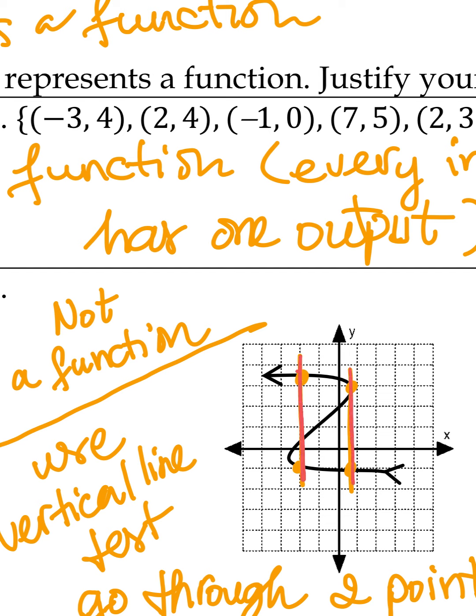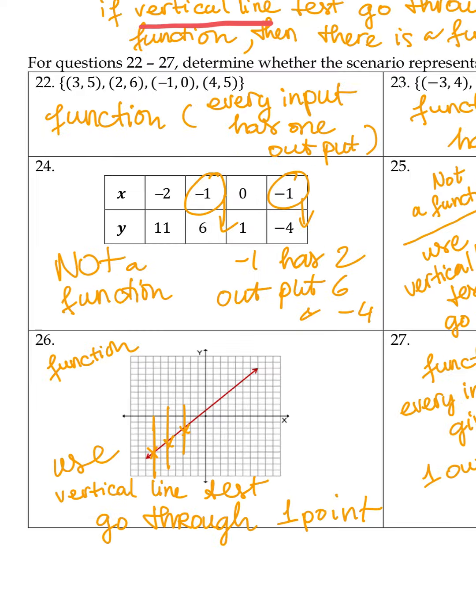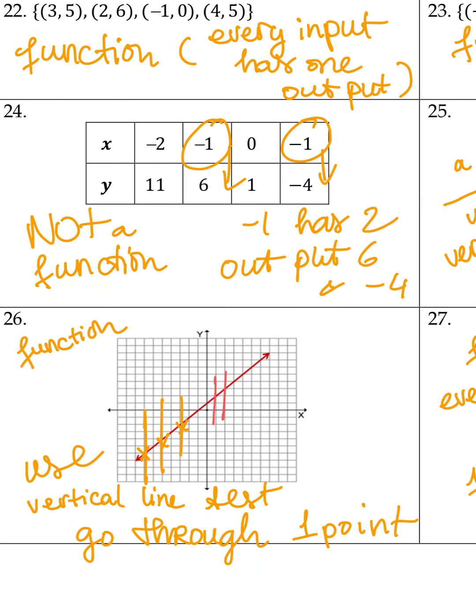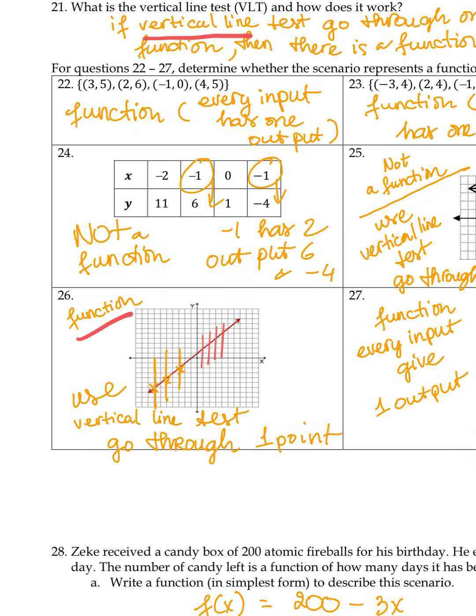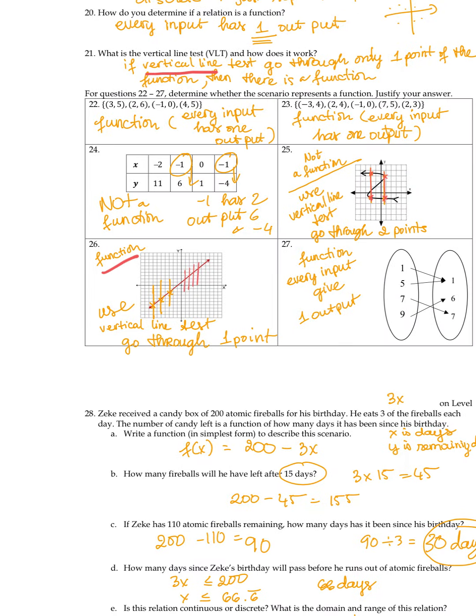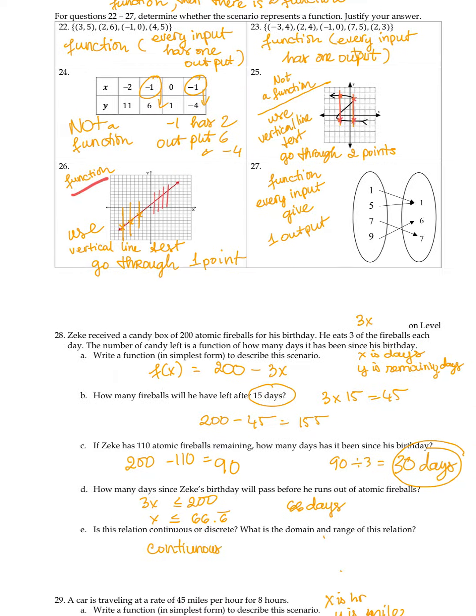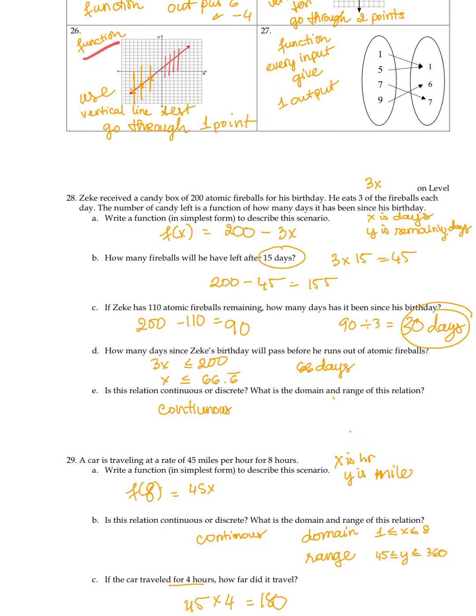If it cuts at 2 points, this is not a function. But when it cuts at 1 point every time, it is a function. All right, just read through my note. And for number 28 and 29, you have to read the one, and I think I took a good note for you.